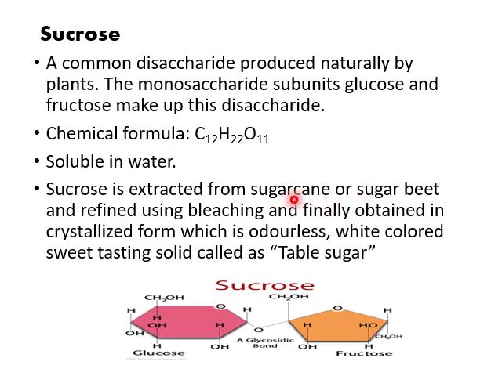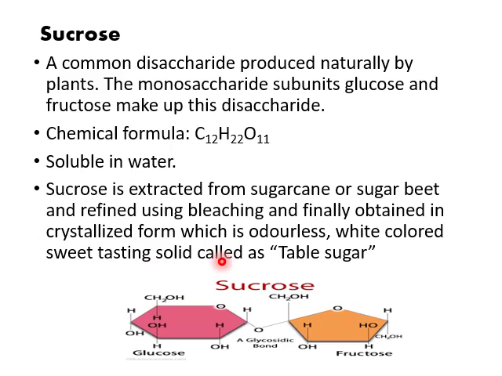principally from sugarcane, and also sugar beet. It is then refined industrially using bleaching processes, and finally obtained as a crystallized solid which is odorless, white in color, and tastes very sweet, commonly known as table sugar. It's a very common and important component of our daily life.